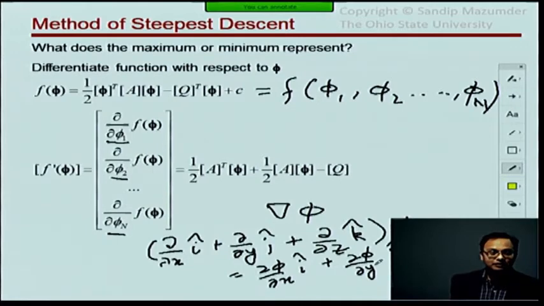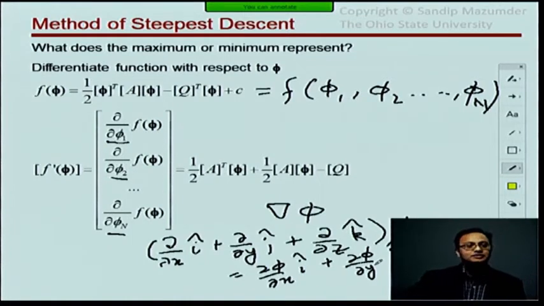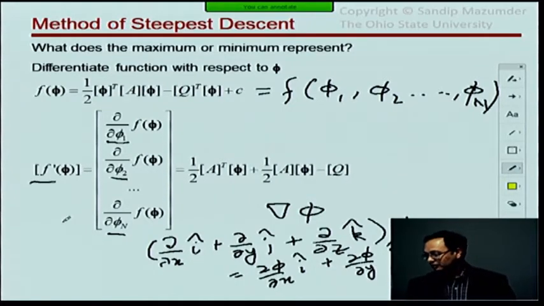This is again geometry I've gone back to, but the same concept applies to linear algebra also: when you do the gradient of a scalar phi, you take the components in each of the directions. Now this part here basically applied the chain rule.